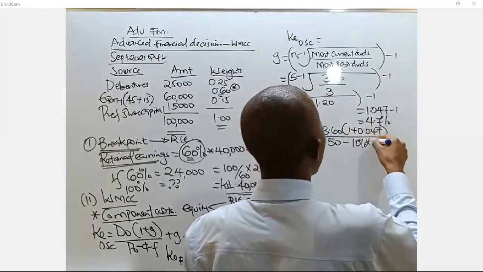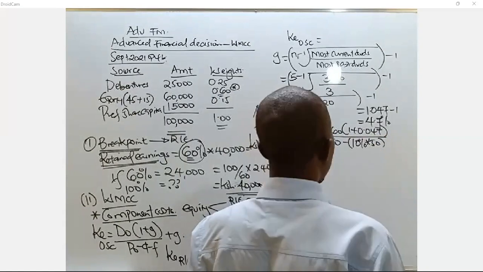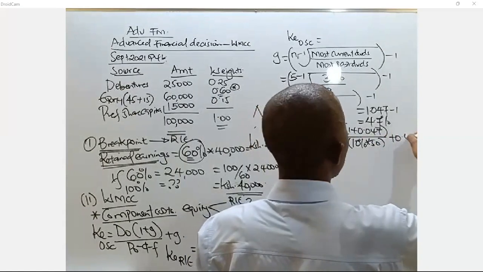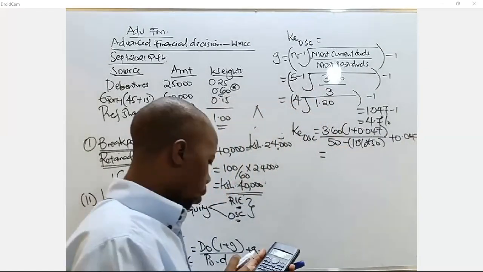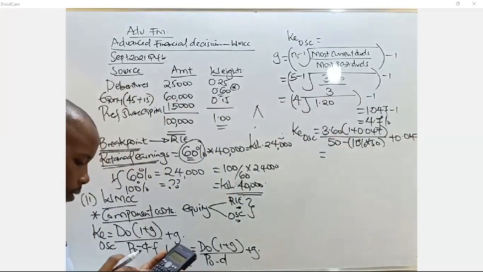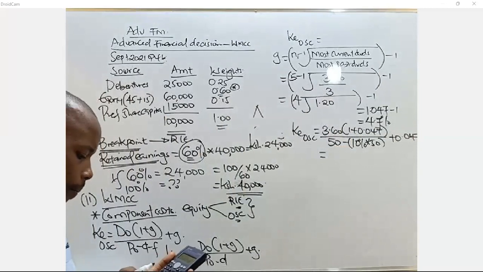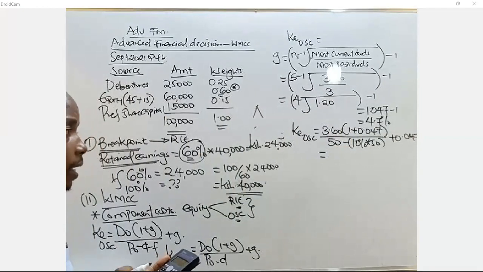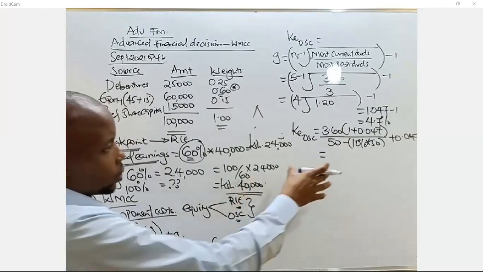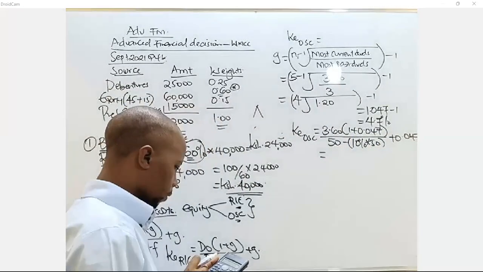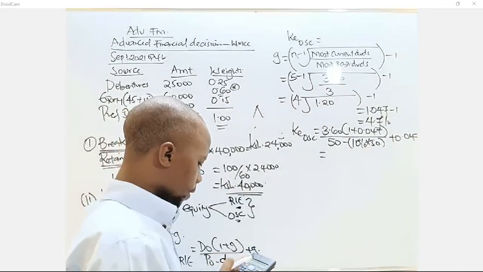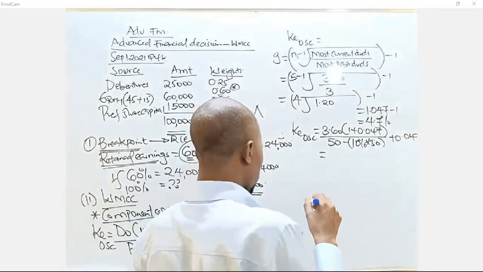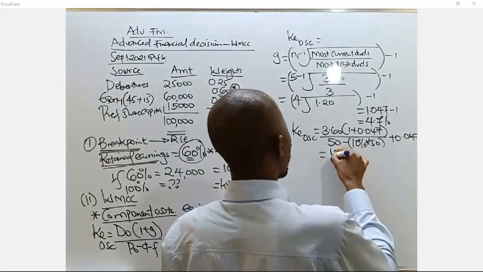It will be 5, plus your growth rate of 0.047. So how much is it? 1.047 times 3.6, you divide by 45, because this is around 45, right? Then you add 0.047, you get 13.08%.